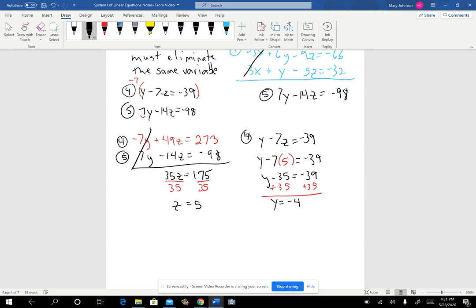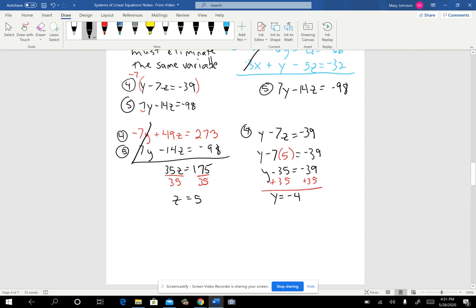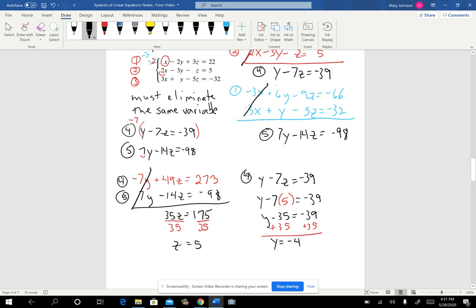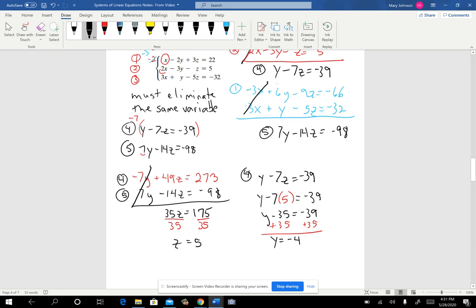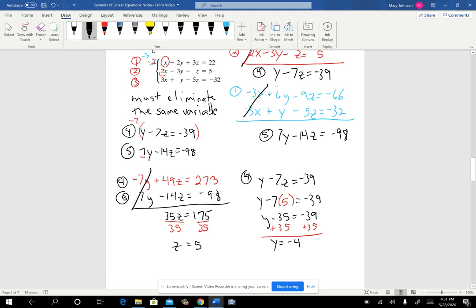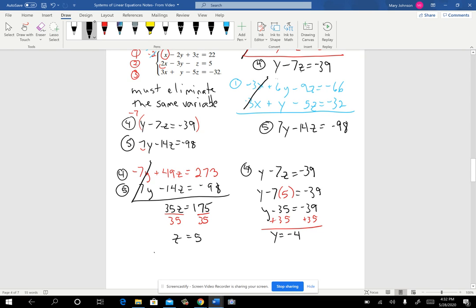All right, and so we need x. You don't have any x's anywhere except in the very beginning, so at this point you pick equation 1, 2, or 3. Sometimes there's a real advantage to picking one over the other, but on this one they all have negatives in them, so I'm not sure it matters. I'm just going to use the first one: x minus 2y plus 3z equals 22.